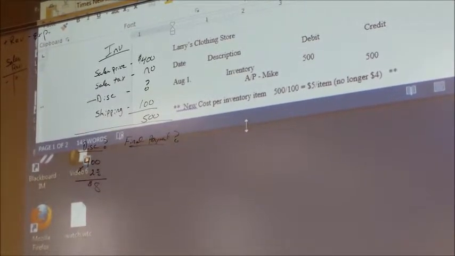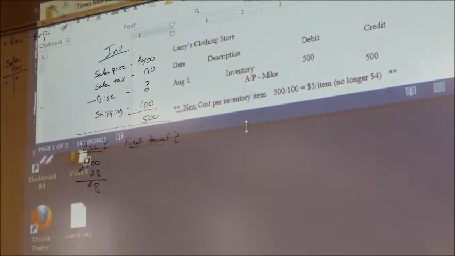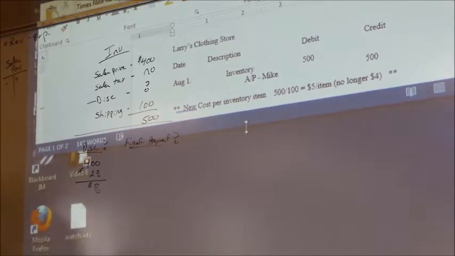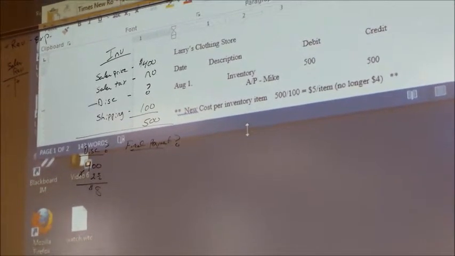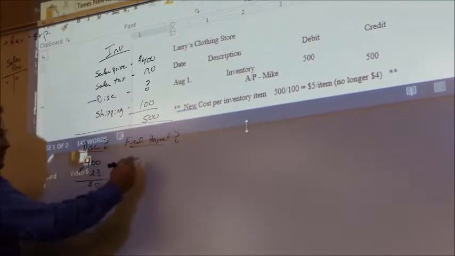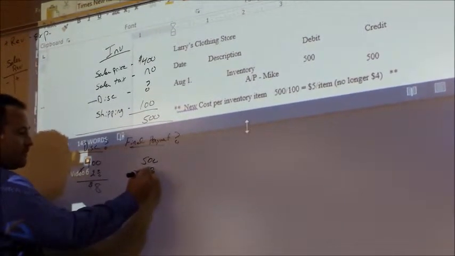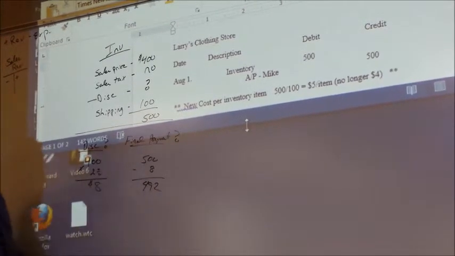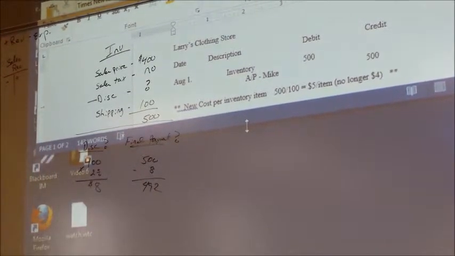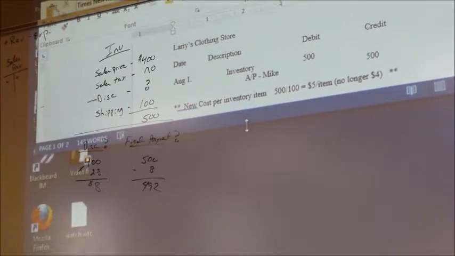How much did I owe Mike before I had any discount to worry about? Yeah, 500 right here. So I take the 500 less the $8 discount, and I'm going to write a check for $492.